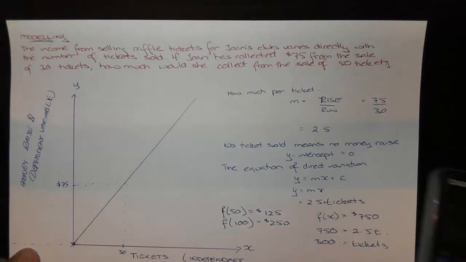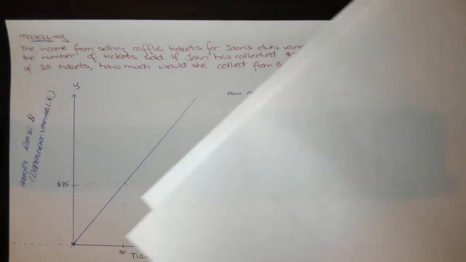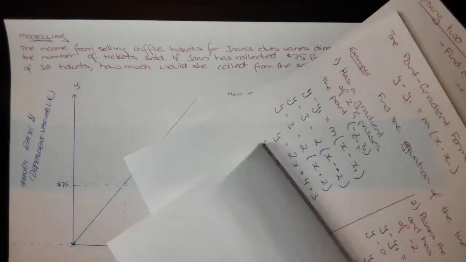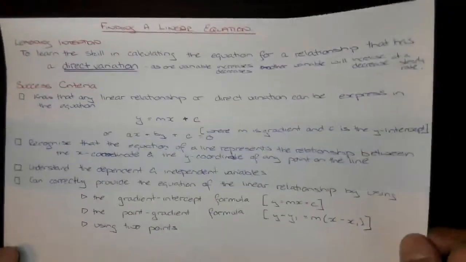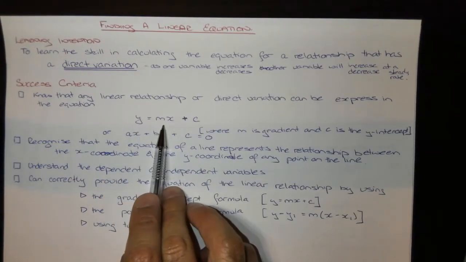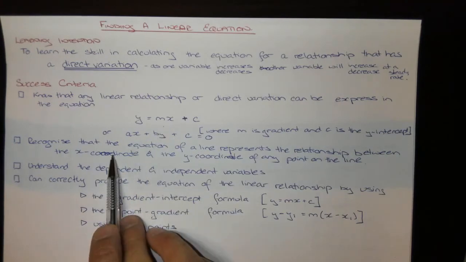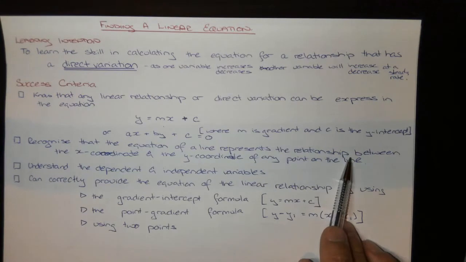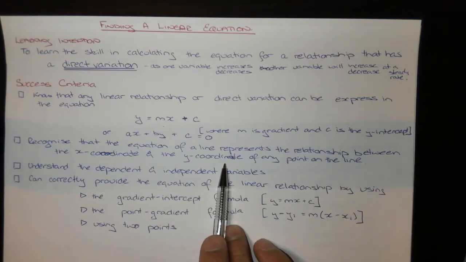Okay. So going back to our success criteria, hopefully with those examples, we would have been able to recognize that any linear relationship can be expressed as y equals mx plus c. Recognize that the line or any point of the relationship can be described as an x-coordinate and a y-coordinate.